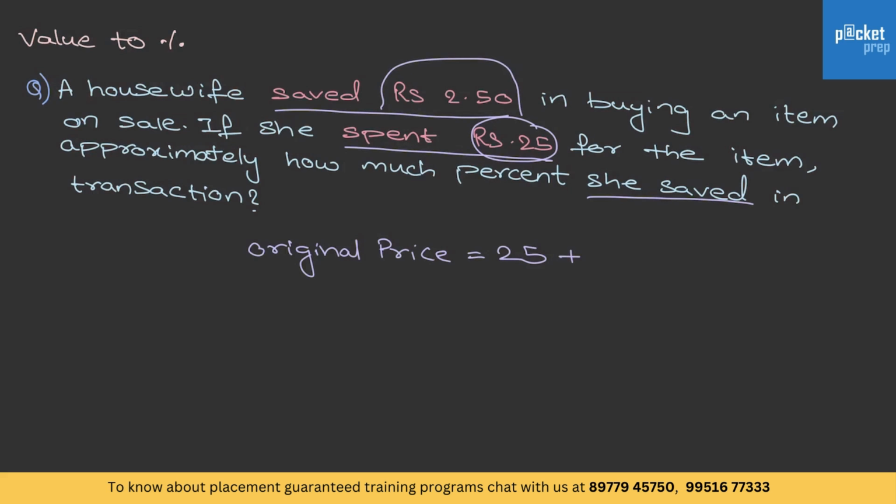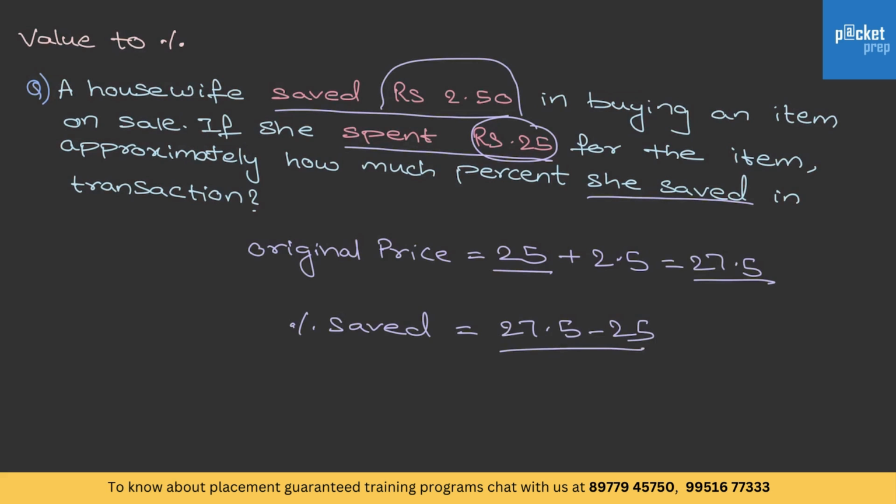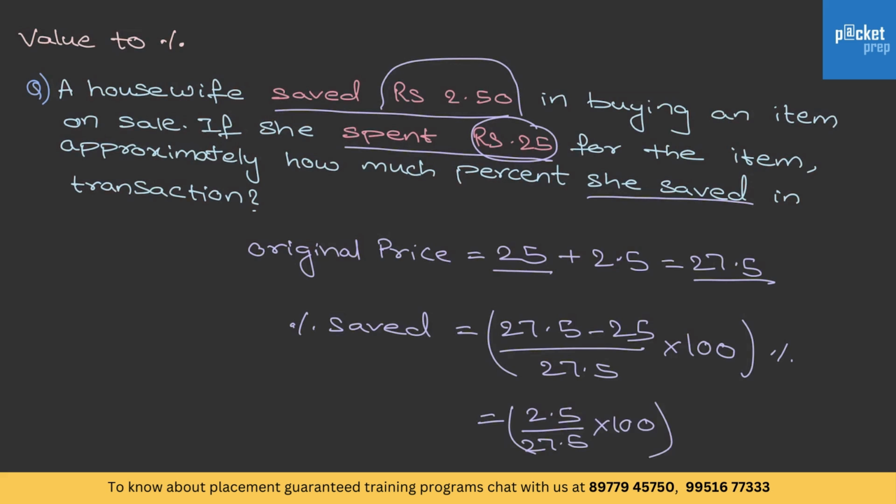So 25 plus 2.5 gives us the original price. This is 27.5. Percentage saved is given by net change in price, that is 27.5 minus 25, by the original price, which is 27.5, into 100. So 27.5 minus 25 gives 2.5 by 27.5 into 100.